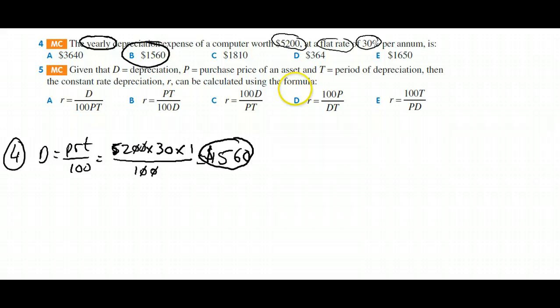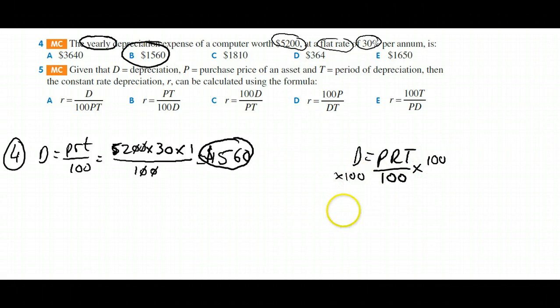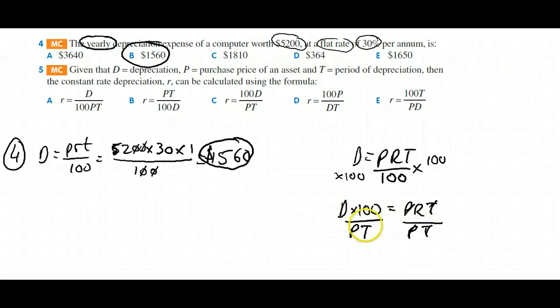Okay, so what they've done is rearranged the D equals PRT formula to find R, to isolate R. So if we were going to do that ourselves, then we'd go times 100 on both sides, and we'd have D times 100 equals PRT, and then we'd need to get R on its own by dividing by P and T, cancelling out the P and the T, and so we've got D times 100 divided by PT.